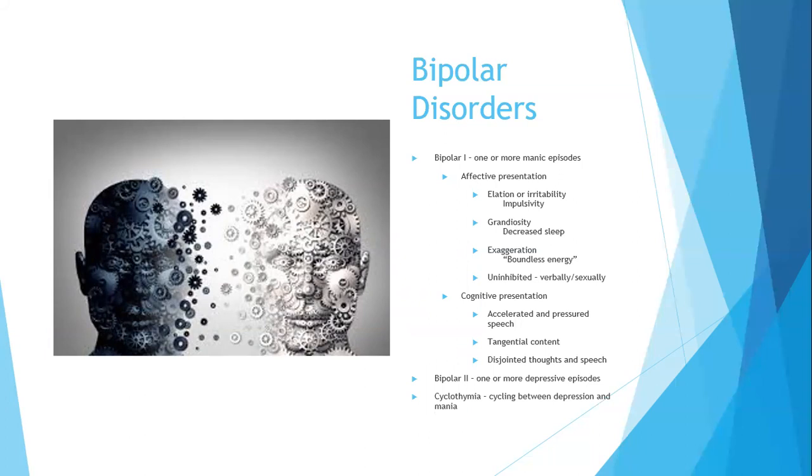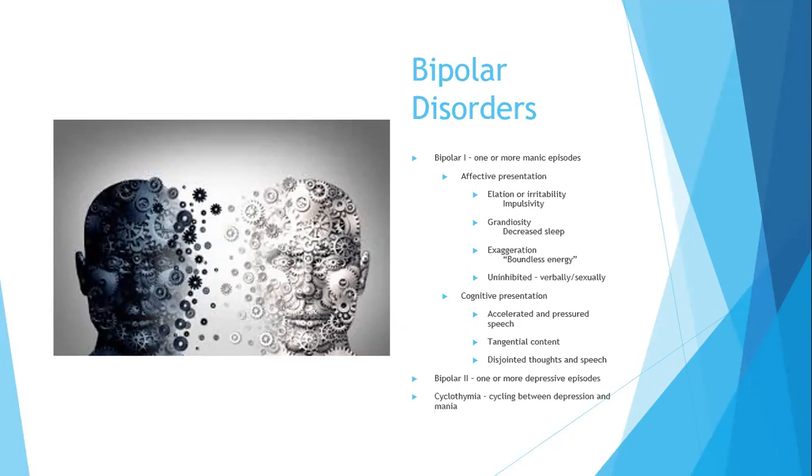People in the manic phase will go out and buy a bunch of stuff, and then maybe when they're out of the manic phase, they'll sell it all. The grandiosity is a lot of times wanting to be connected with famous people, with celebrities, or even sometimes saying that they're connected with those famous people. So interesting. So bipolar 1 is like the mania side of it.